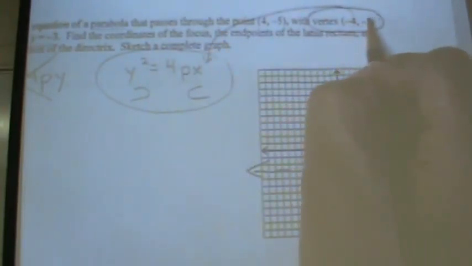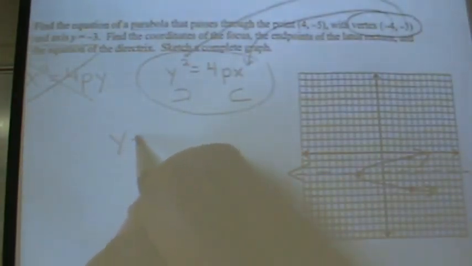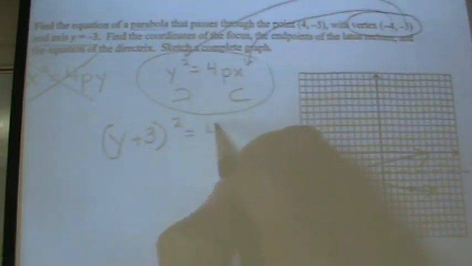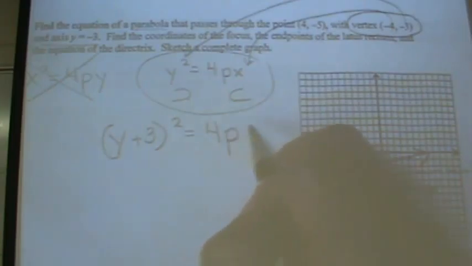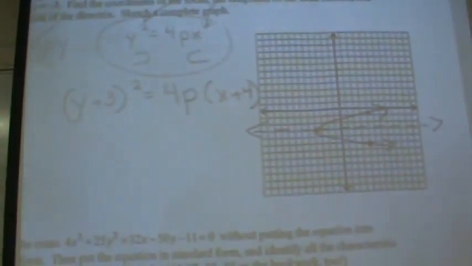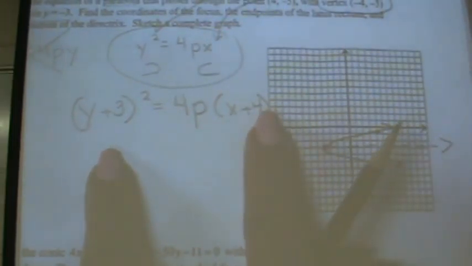Yep. And y gets the negative 3. So I'm going to go y plus 3 quantity squared equals 4 times some p-value times x plus 4. Does everybody agree that that's the center right there? Negative 4, negative 3.